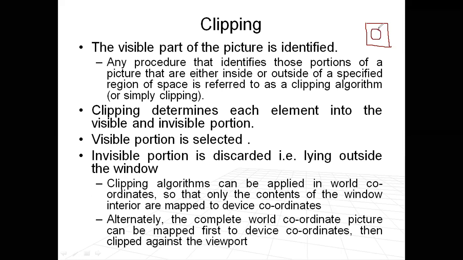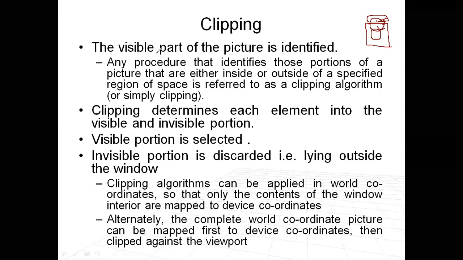When we create an object, some part of it related to this viewport lies outside the viewport, and some part lies inside the viewport. When we view any object within a viewport, only this part will be visible, and this part will be omitted. This is basically the process of clipping.